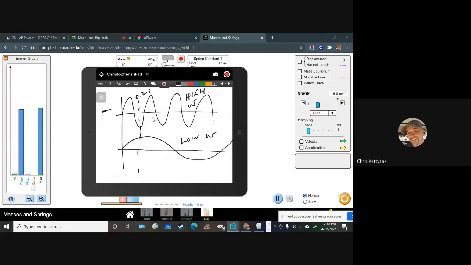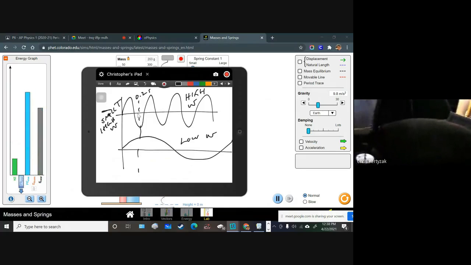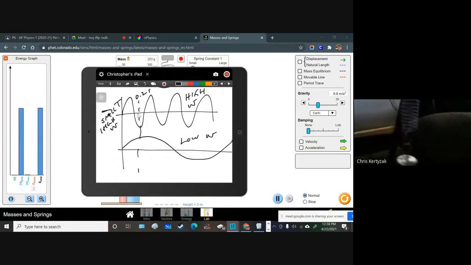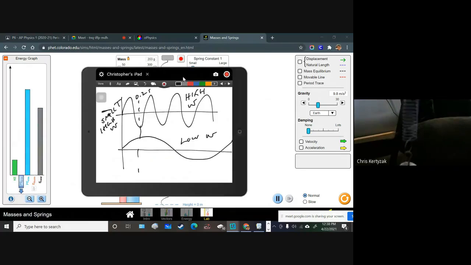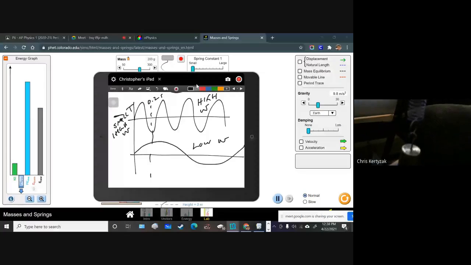If it's a highly compressed graph like this, then that's a small period. This would be a small period, and it'll be a high omega. So small capital T, remember capital T stands for period, high omega. Down here, the lower graph, this would be a long period, which you can see is taking many more seconds to go through a cycle, right?